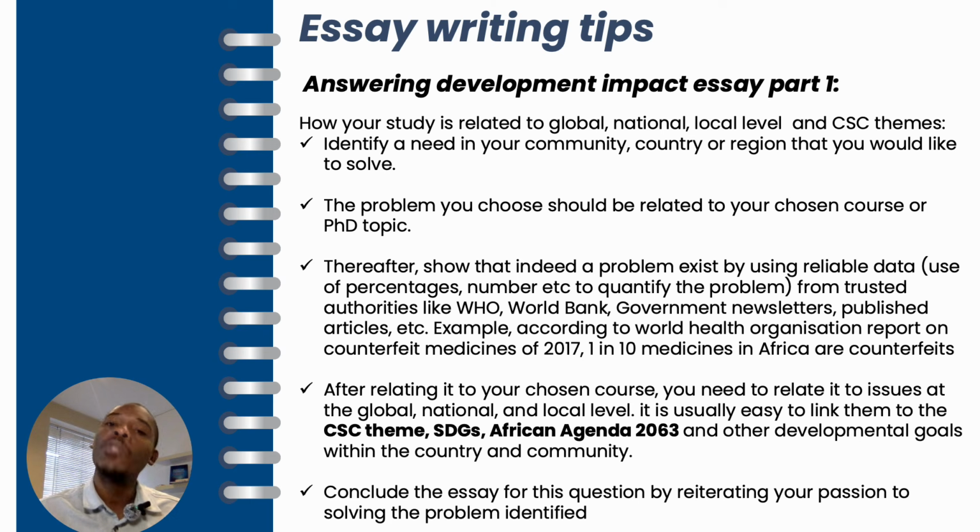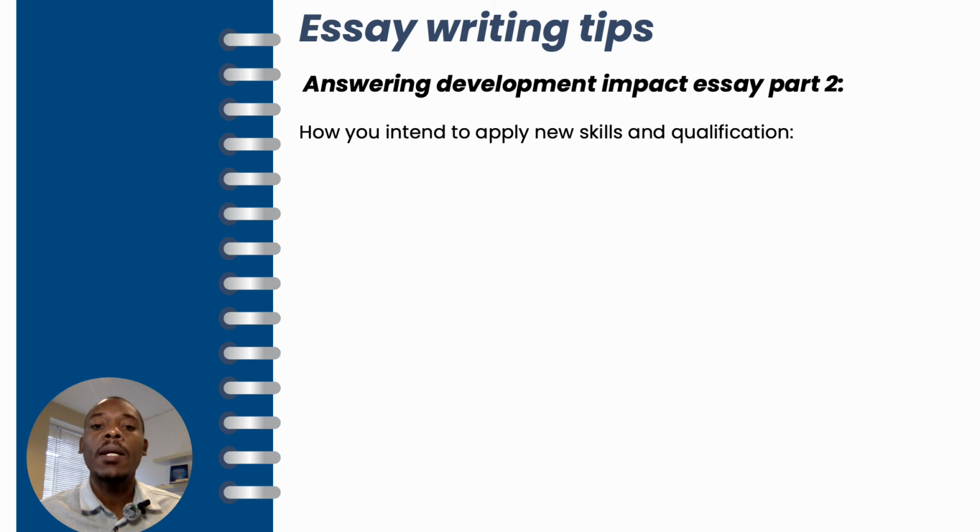Identify a problem, show that the problem indeed exists, relate it to your course, and also demonstrate that it is a problem in your nation, in your region, or in a wider sector, and how you would want to contribute. How is it related to the United Nations SDGs or the CSC themes? Once you do that, then you'll be able to answer the first part clearly.